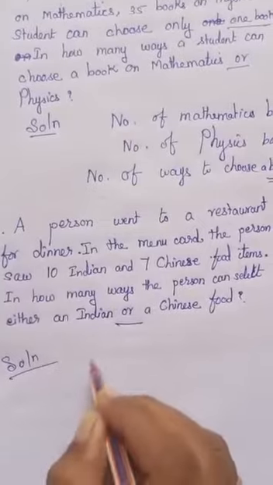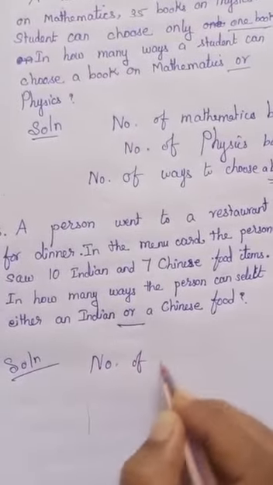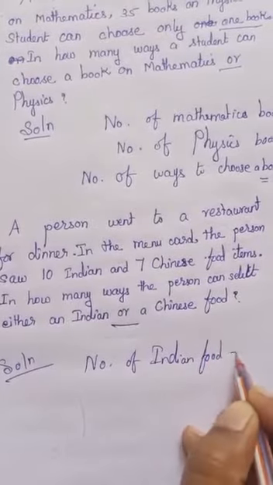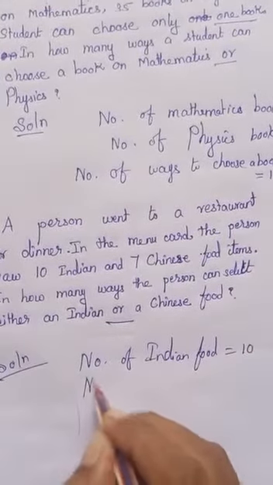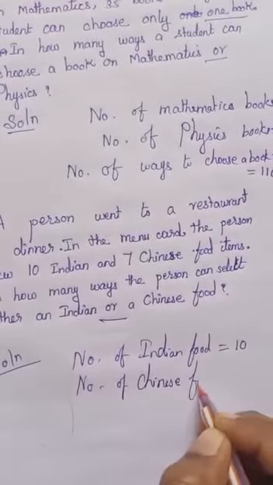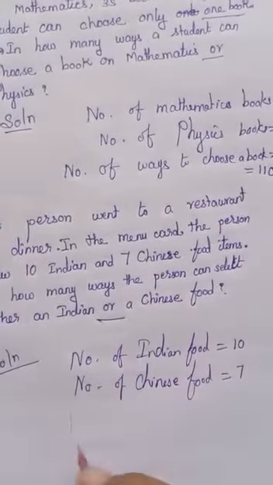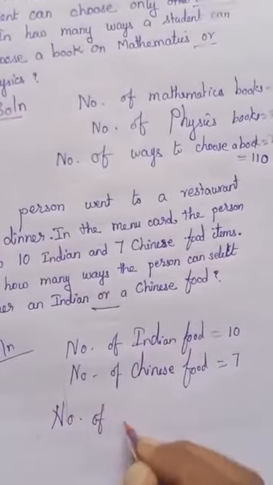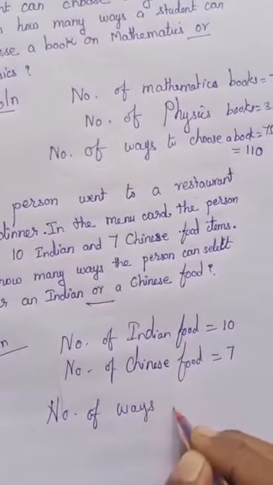So the same way solution, number of Indian food is equal to 10. Then number of Chinese food is equal to 7. Now number of ways to select a food item.